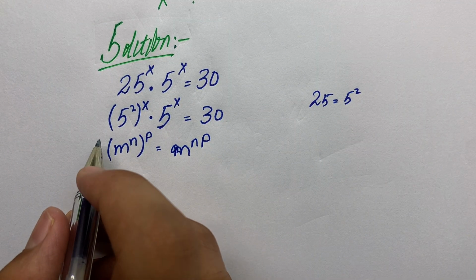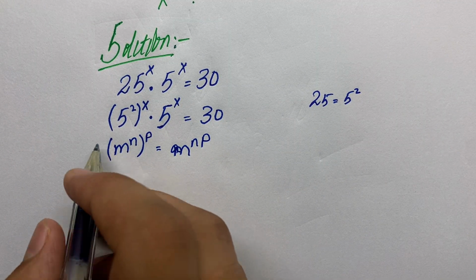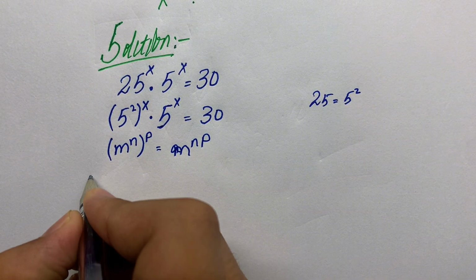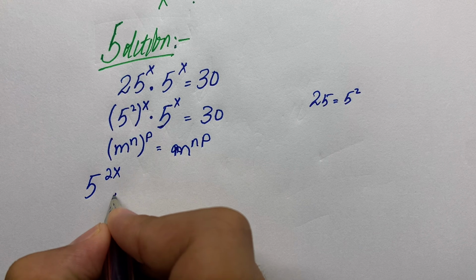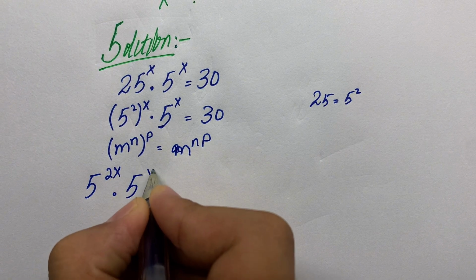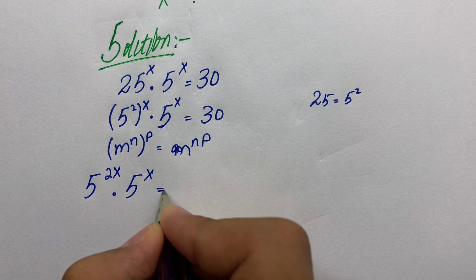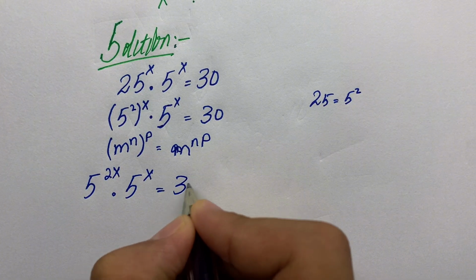We are using this formula right now, and we get 5 to the power 2x times 5 to the power x is equal to 30.